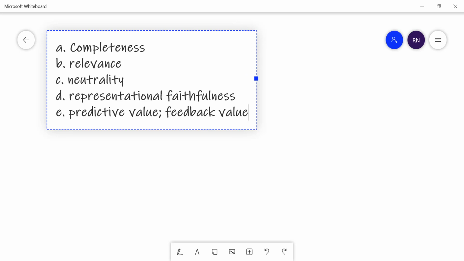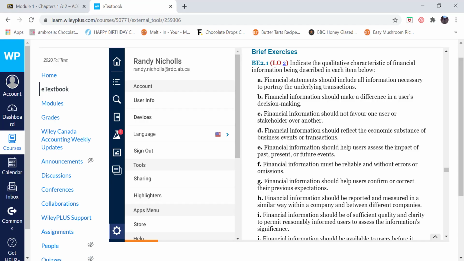So what that terminology is really meaning, feedback value means when you looked at old financial information, you made some decisions about where you thought the company would go and what it would do. Now that you are looking at current information, you can tell whether that happened or not, right? You get feedback as to earlier numbers. Predictive value is kind of different in that it's going forward. So based on today's number, the information you have helps you think about what's going to happen in the future.